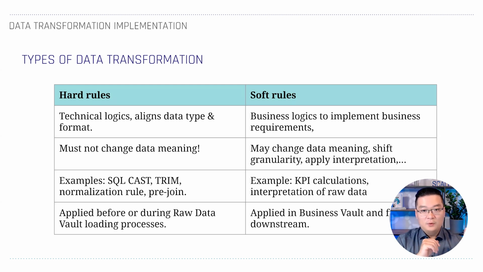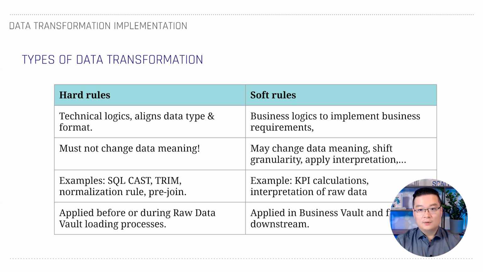The hard rules are defined as mainly technical logic to align data types or data formats. It is absolutely important that you must not change the data meaning by doing so.